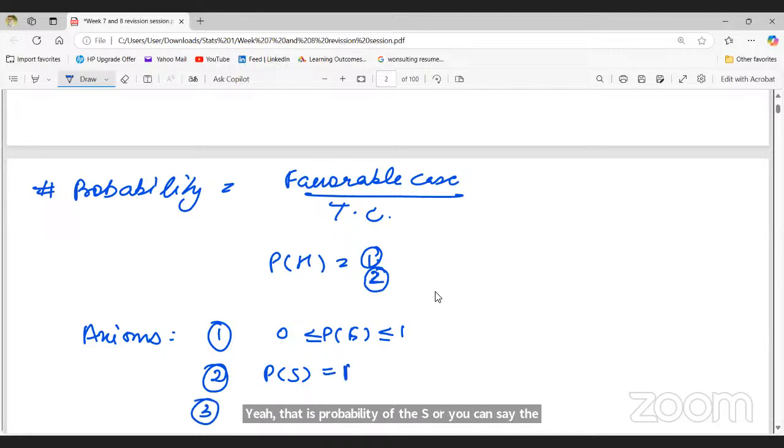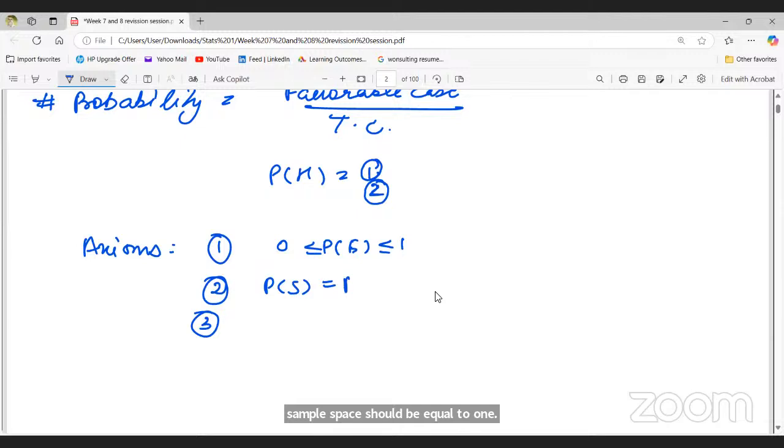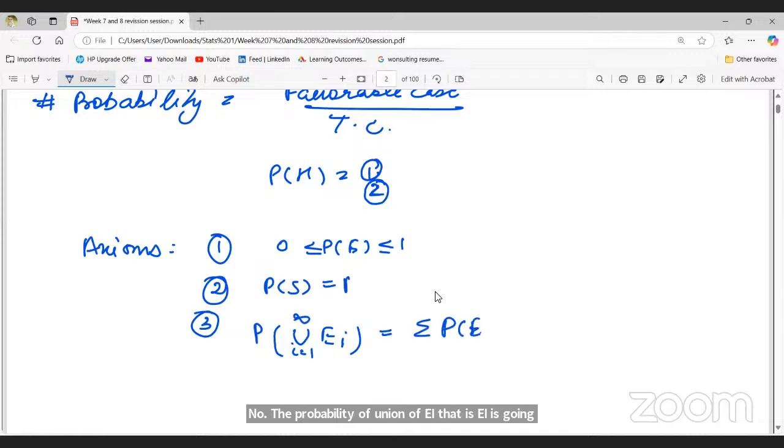Then the third property states that the probability of the union of E_i, where i goes from 1 to infinity, is equal to the summation of the probability of E_i.